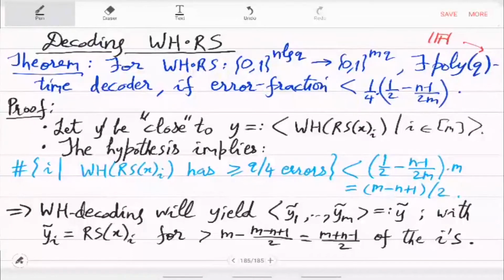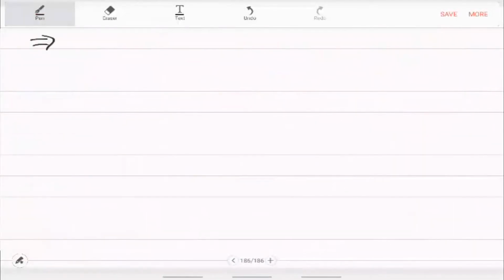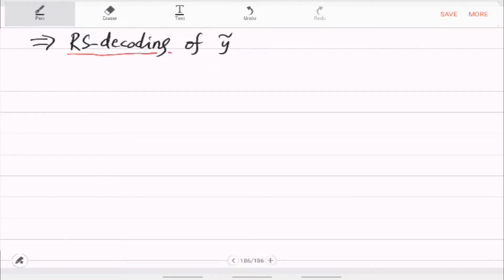After this WH decoder, you have symbols where a lot of the symbols are correct. You don't know where they are located, but the guarantee is many of them are correct. At this point you should invoke the RS decoder, right? That will give you X. So RS decoding of y tilde yields the unique X.